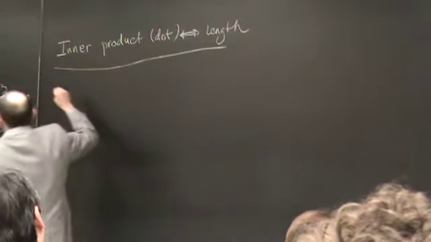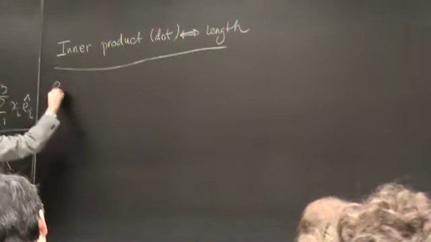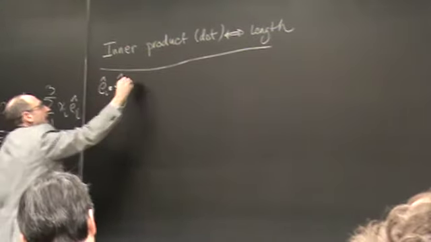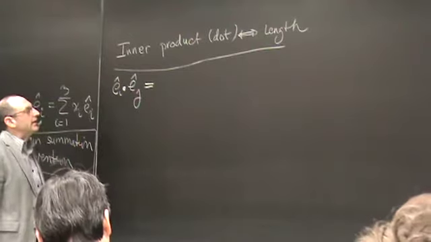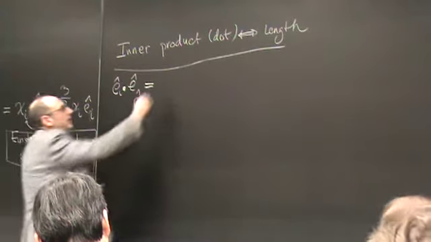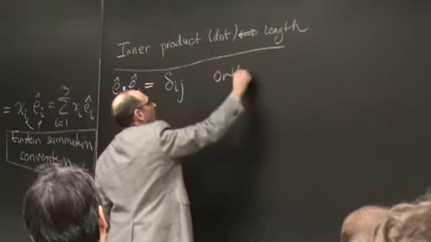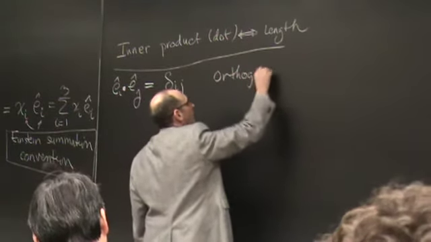So the dot product can be defined, in one way of defining it, by what happens when I look at the dot product between two basis vectors that I define to be orthogonal, in fact, orthonormal.